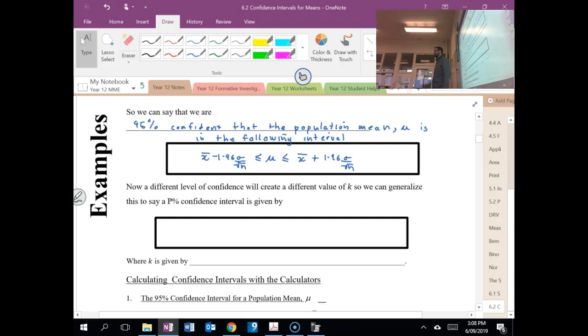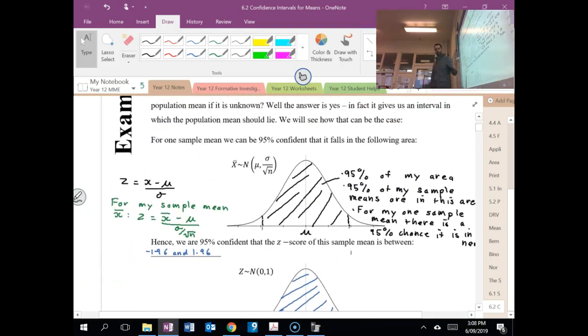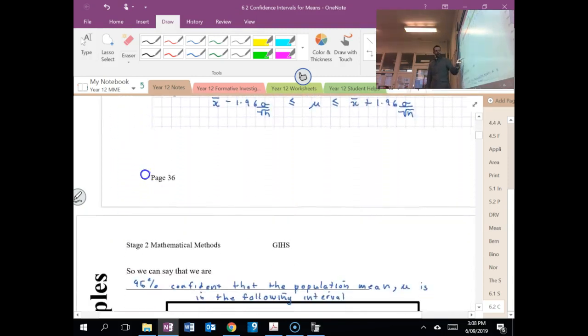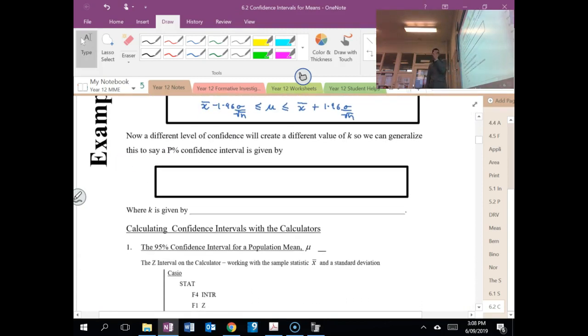Now, the more confident that we are, the more area we're going to have to capture of this normal distribution. So I'm never going to be able to get 100% because I'm going to have to go from negative infinity to infinity to get 100% of this area. But we'll go with 99% area or any area really.